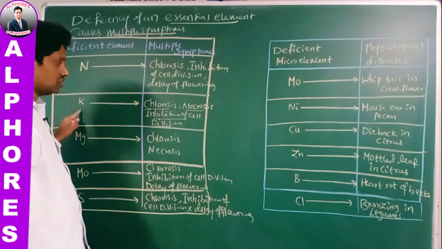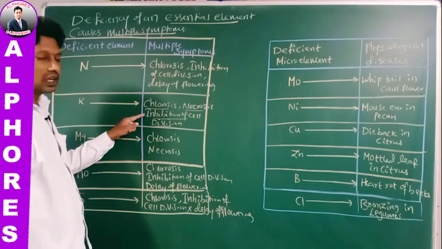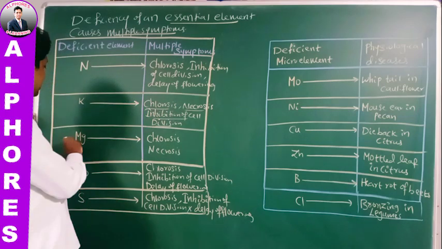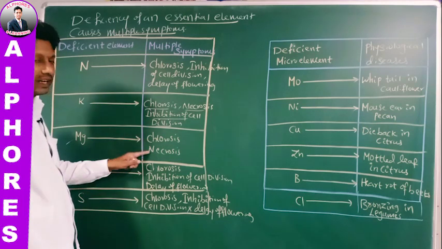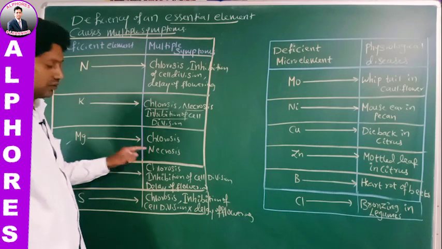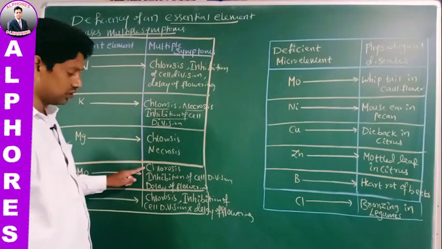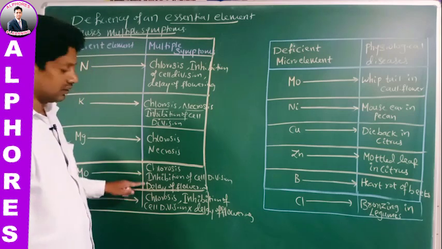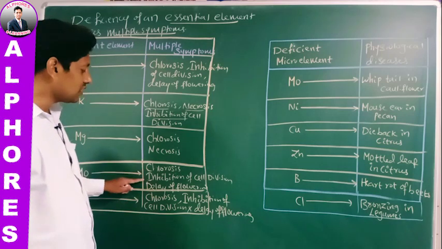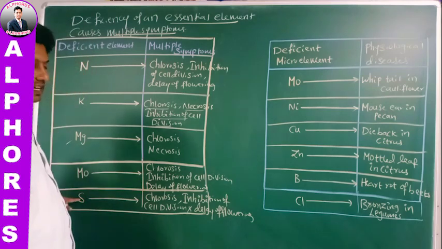Deficiency of magnesium causes chlorosis and necrosis. Deficiency of molybdenum causes chlorosis, inhibition of cell division, and delay of flowering.